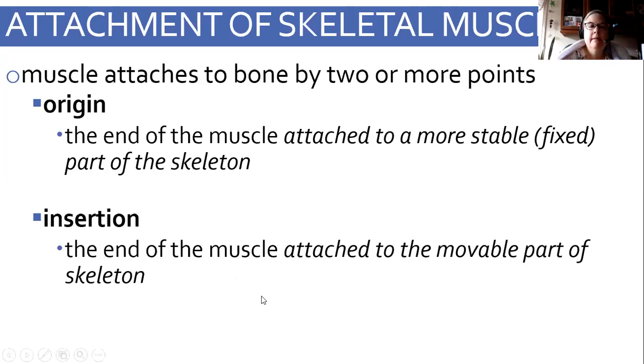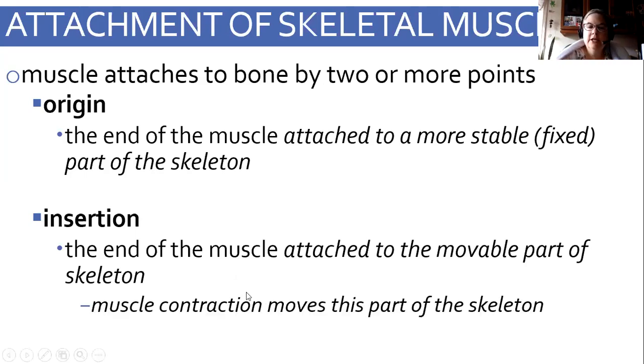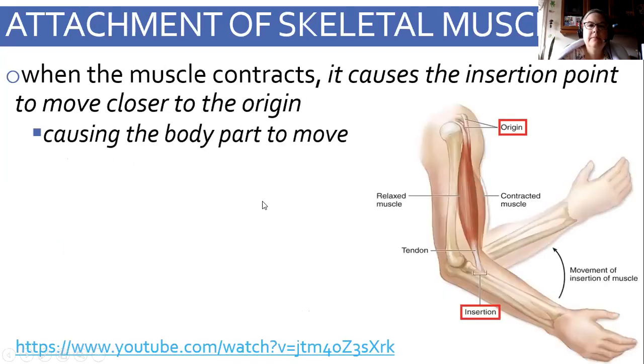Okay. So muscle contraction moves this part of the skeleton. It moves where the insertion point is. When the muscle contracts, it causes the insertion point to move closer to the origin, and then the body part moves. If I take a look at this example with the bicep, here's our bicep. The origin of the bicep is up here at the top part where our shoulder is.